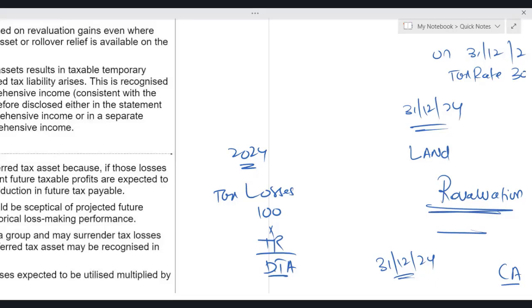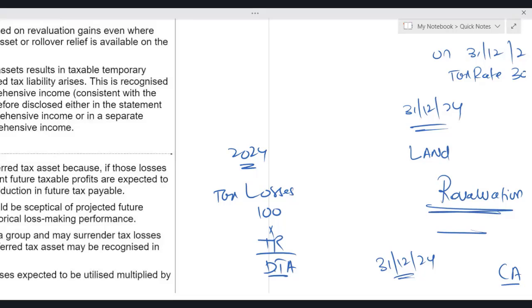According to IAS 12, when there are losses in your company, you have to estimate the future profits. For example, let's say the company has estimated that in the future, we will have taxable profit of 80 million only.